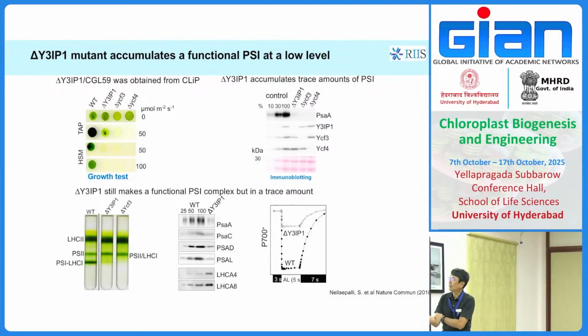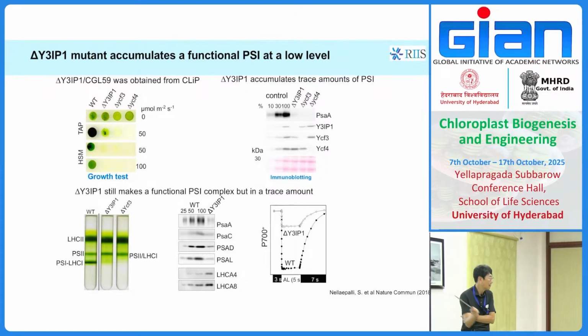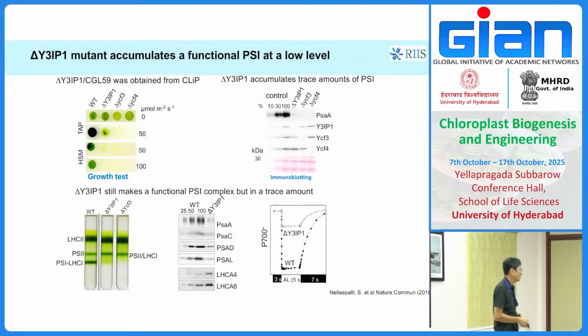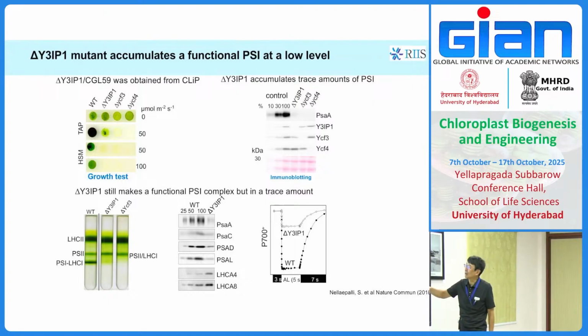So these 4 strains grow well. And if you illuminate here at 50 micromole photons per square meter per second, wild type grows better. But YCF3 and YCF4 are very photosensitive, so they didn't grow. Y3IP1 grows a little bit, very much reduced, but still better than YCF3 and YCF4.